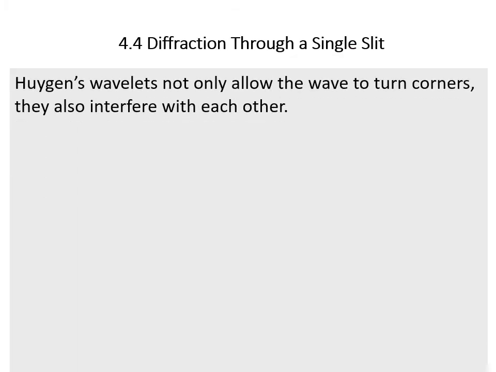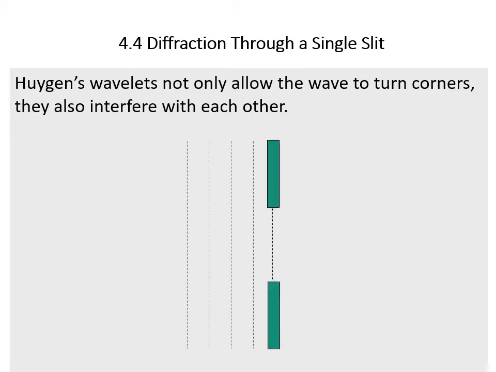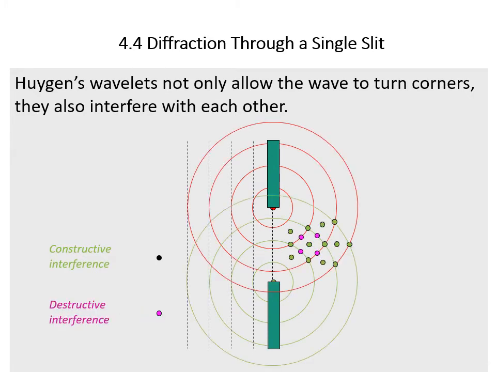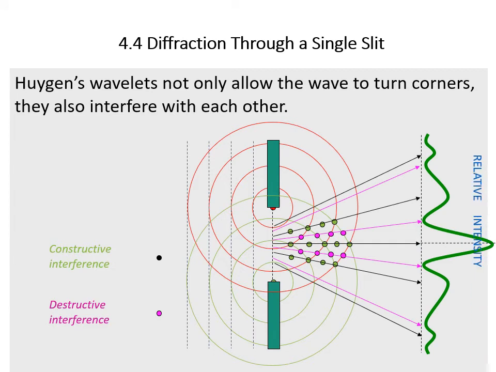I briefly said before, Huygens' principle states that wavelets not only allow the waves to turn corners, they also interfere with each other, which is why even through a single opening, you can have constructive and destructive interference. These wavelets spread out, carrying information, and you get an interference pattern.